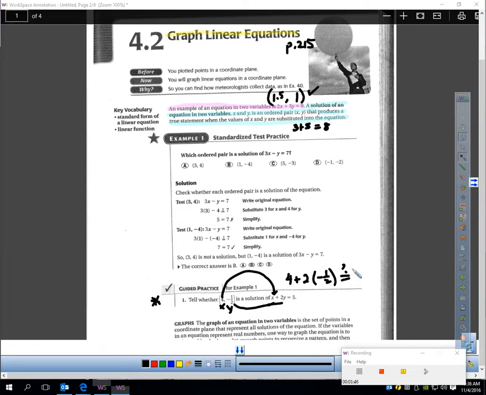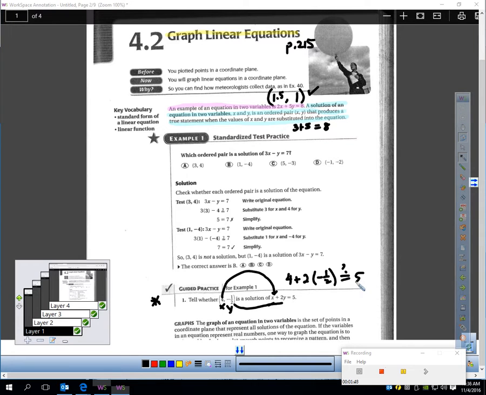That's the question. Is this going to equal 5? Let's try. I got 4 here. 2 times -0.5 is -1. Does that give me 5? And the answer is no, that's not equal to 5. So no, this is not a solution to that equation.